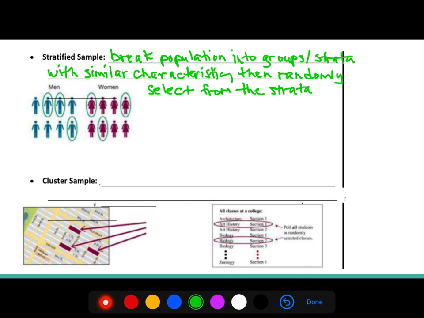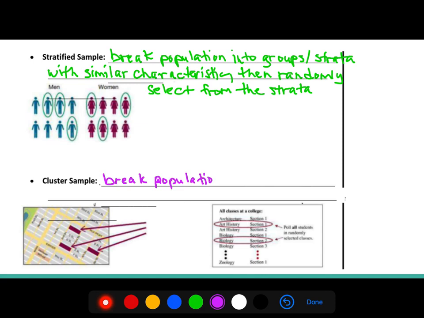So let's say I put all the old people on one side of the room, all the young people on the other side of the room. And then I choose a few people from each group. The groups were the strata. I put based on age. And then I randomly chose people, just a few people from each group.